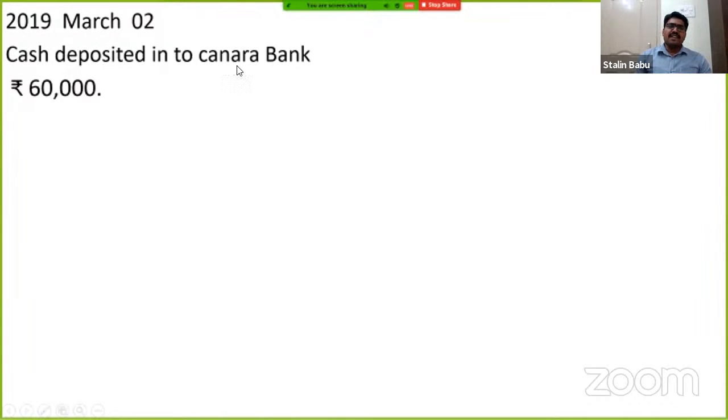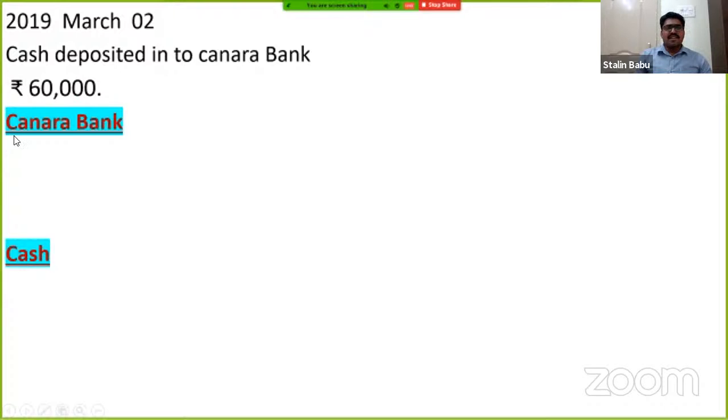Who is the receiver? Canara Bank. Canara Bank is the receiver of the cash and cash is going out of the business. Then what are the two accounts involved here? One is Canara Bank account and the other is cash account.